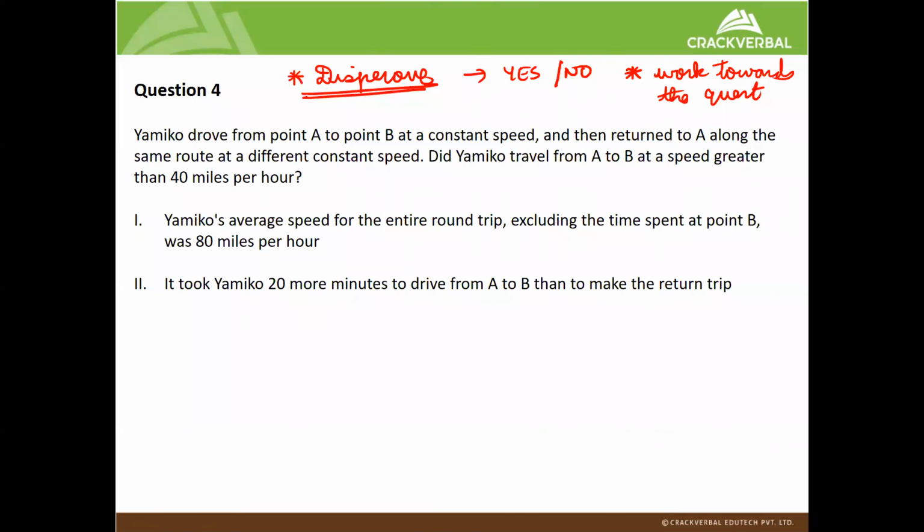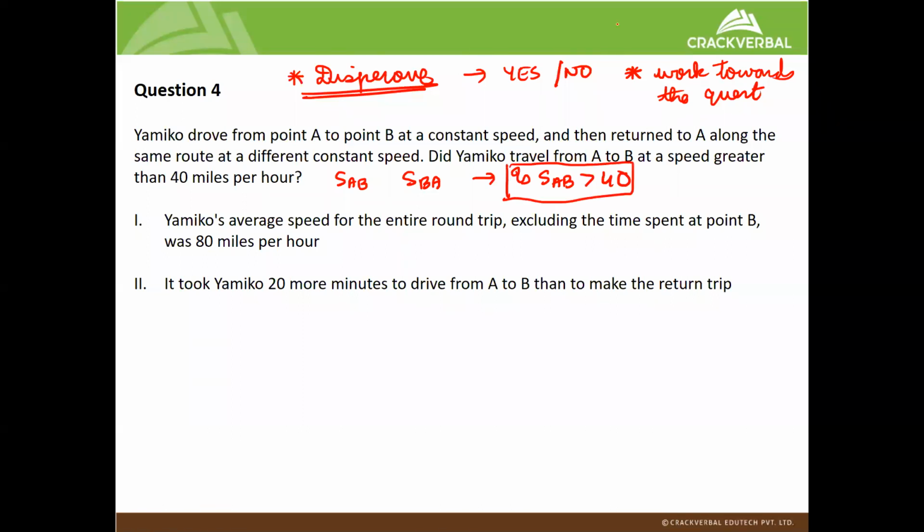Did Yamiko travel from A to B at a speed that is greater than 40 miles per hour? So let me keep the speed from A to B as SAB, and the speed from B to A as SBA. Now the question is asking me, is SAB greater than 40? That is what the question is asking me here, right?